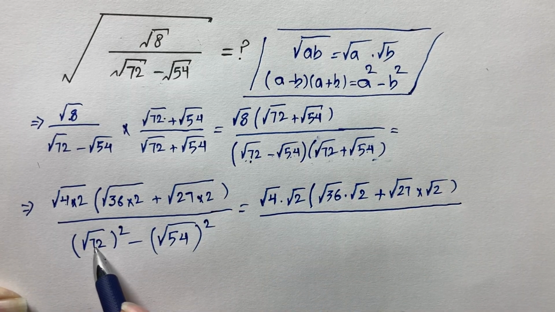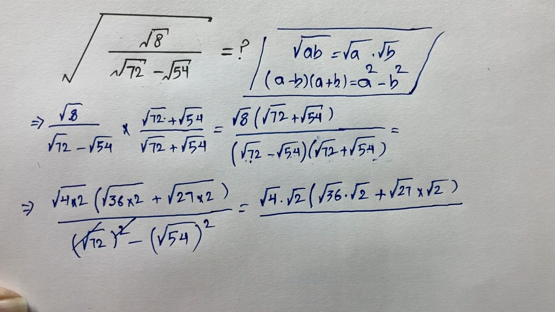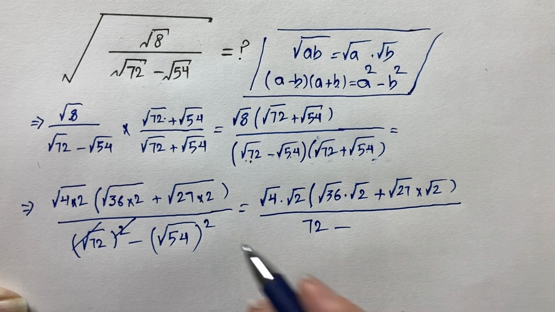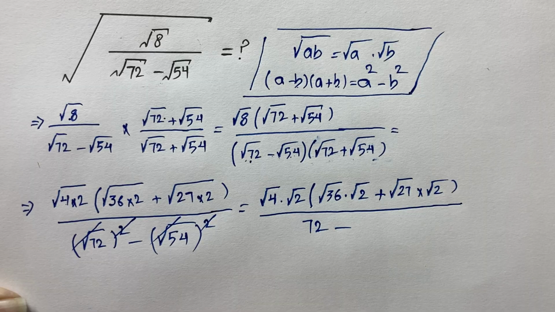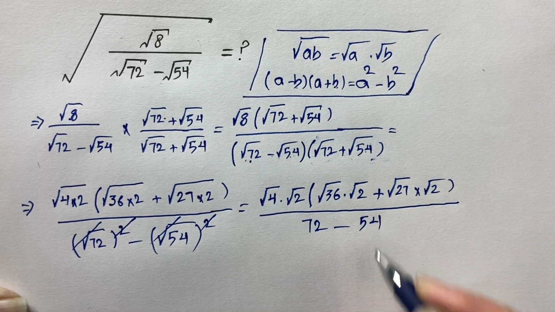Bottom, square root of 72 to the power of 2. These two, as exponent and square root, can be cancelled off, so we have 72 minus 54.